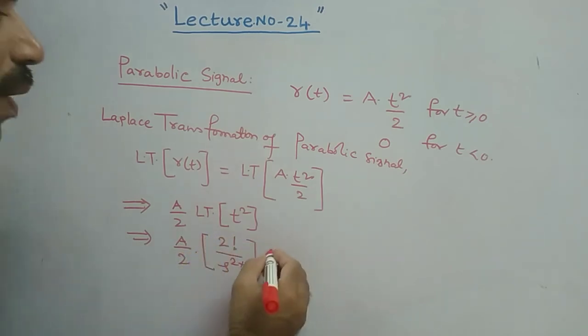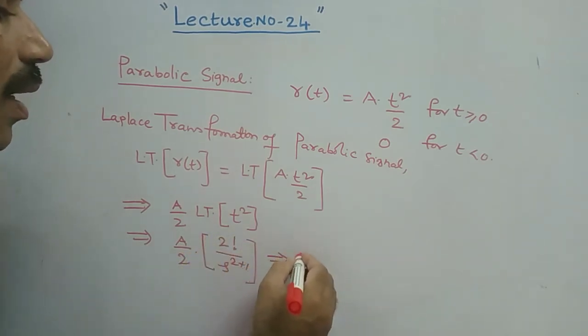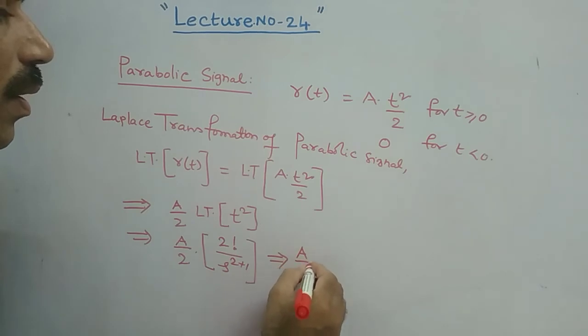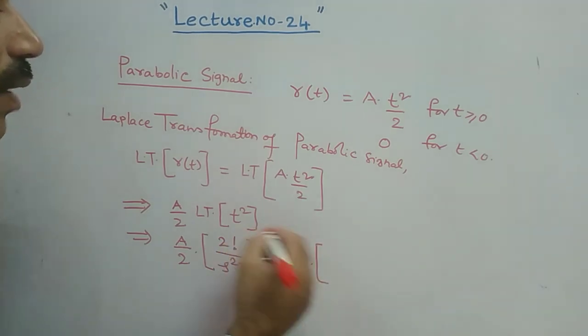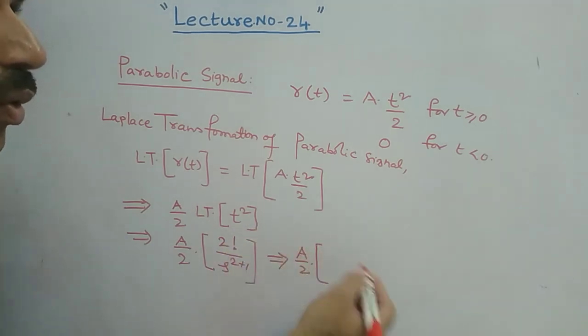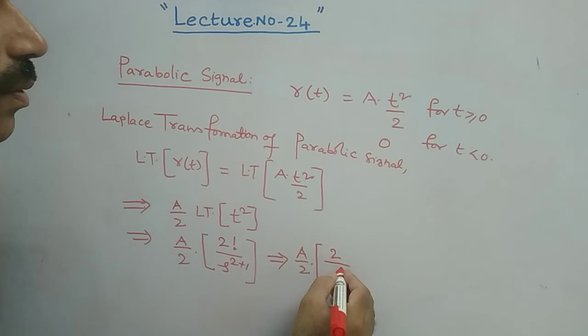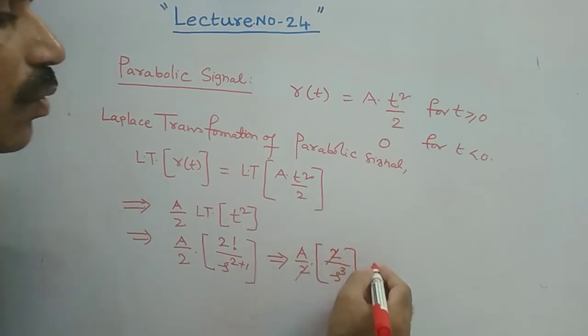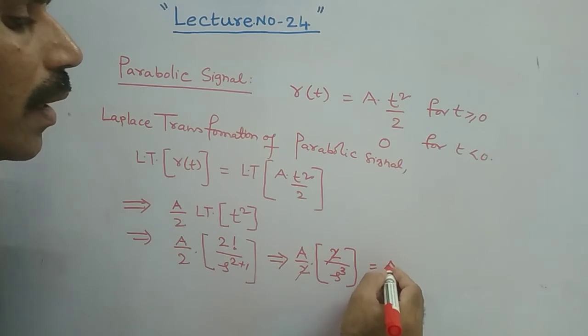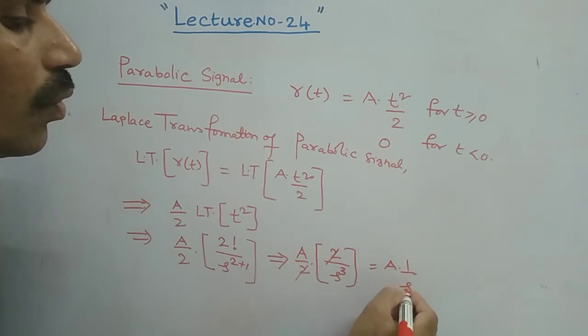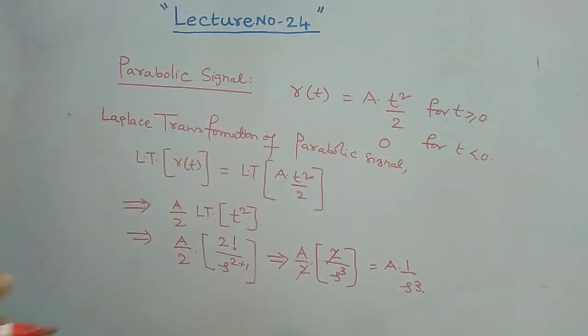And this further implies a by 2 into 2 factorial, which is nothing but 2 into 1, that is 2 only, by s power 2 plus 1, that is s cube. Means this 2 will be cancelled out. This is equal to a into 1 by s cube. This is your answer.